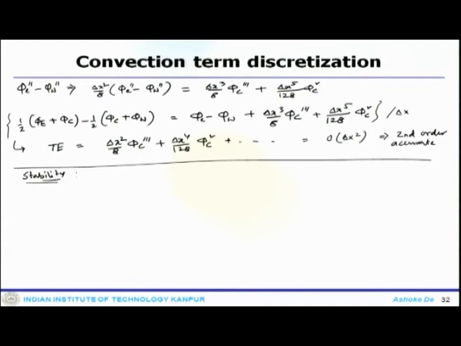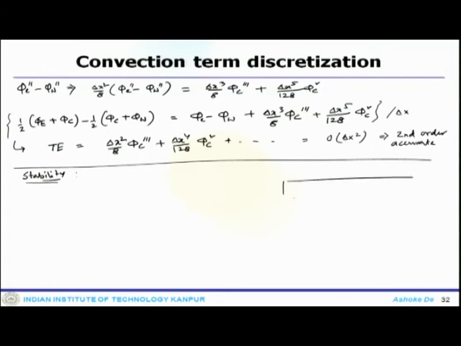Now, at the same time, while doing that, one has to also keep in mind the stability of the system, because while doing these things, stability can also be affected.